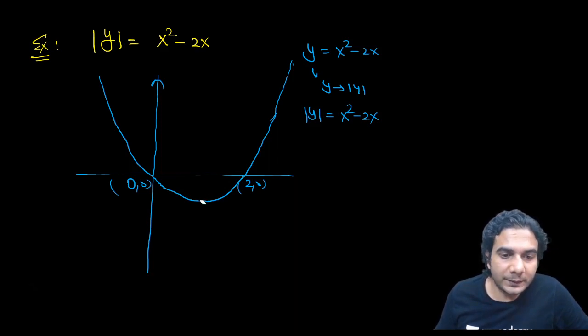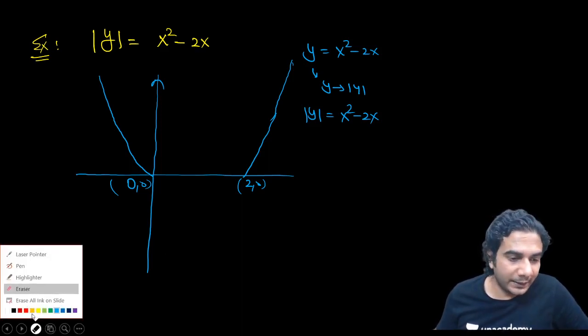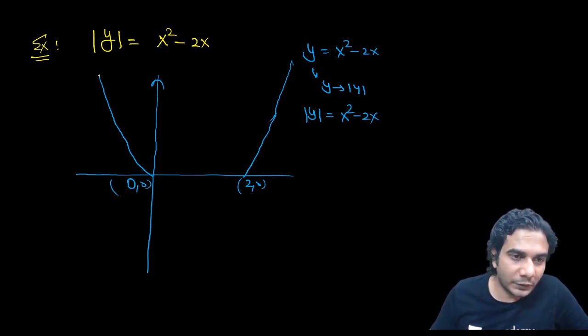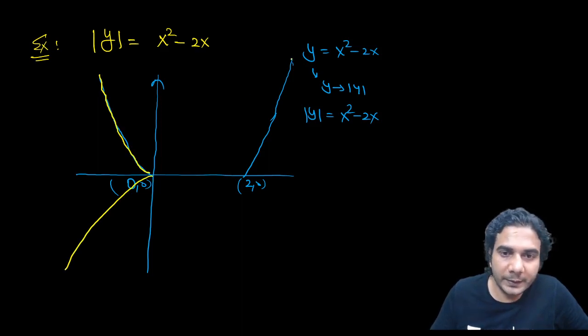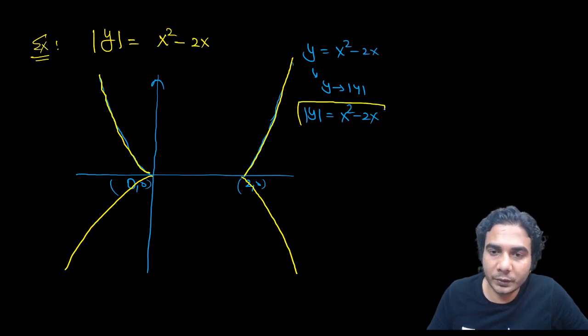You need to remove this portion, which is below the x-axis, and take the image of the remaining. So now let me make the color of this yellow. This will be the part of the graph and its image. This will be the part of the graph, and its image. So that is going to be the answer.